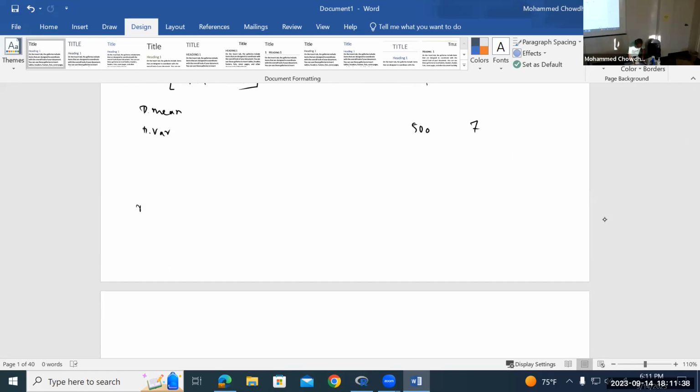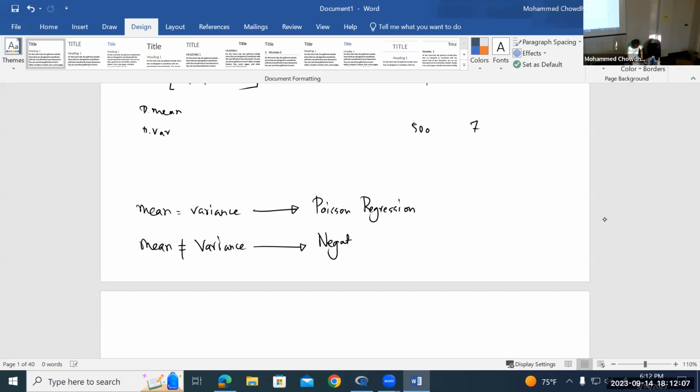Now, if mean equals variance, like not exactly equal, approximately equal, then you can use Poisson regression. If mean is not equal to variance, then you have to use negative binomial regression.